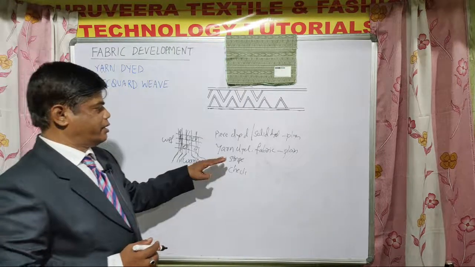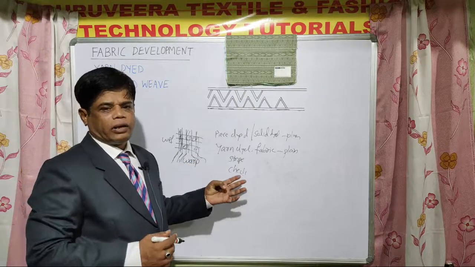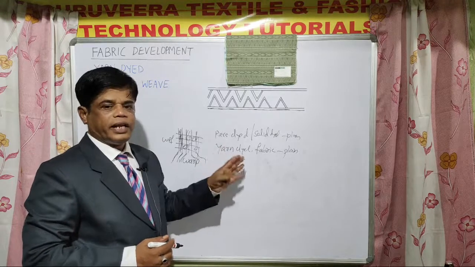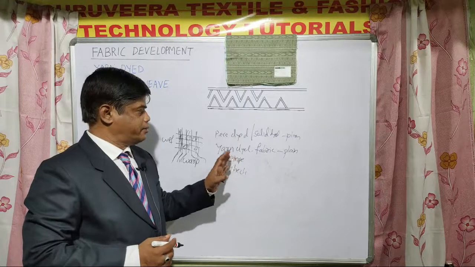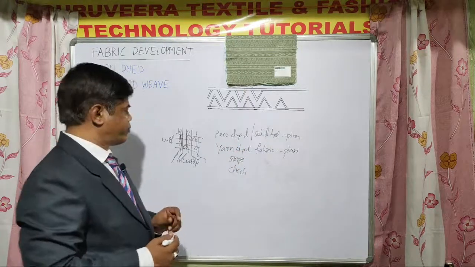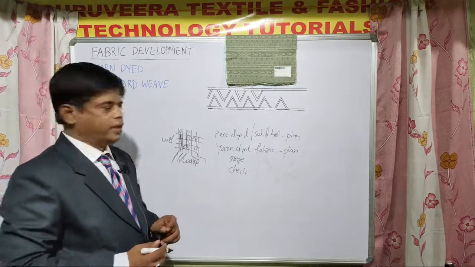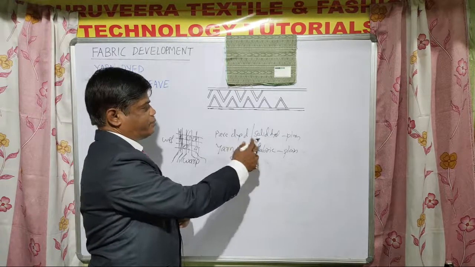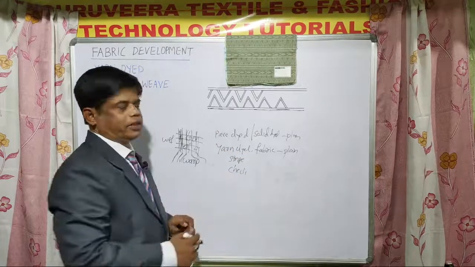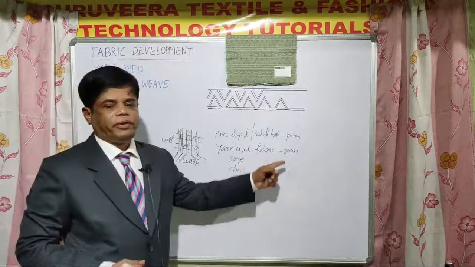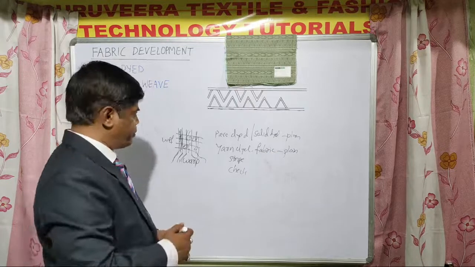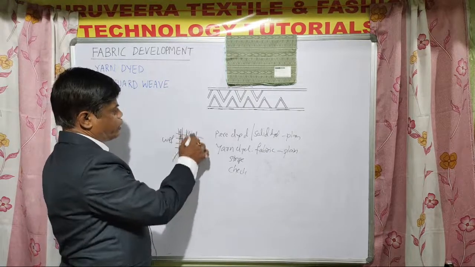Yes, the technical developments. Yarn dyed fabrics, piece dyed fabric, yarn dyed plain weave fabric, piece dyed plain weave fabric, like that. Instead of plain weave, if we go for 2/1 twill, diagonal lines will be there.